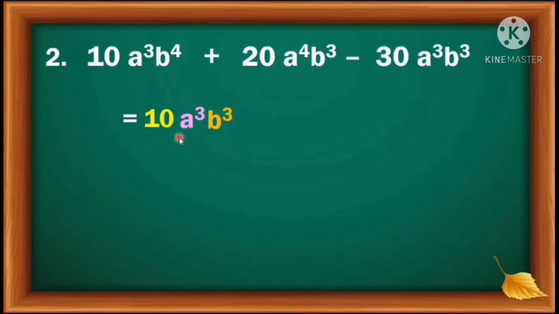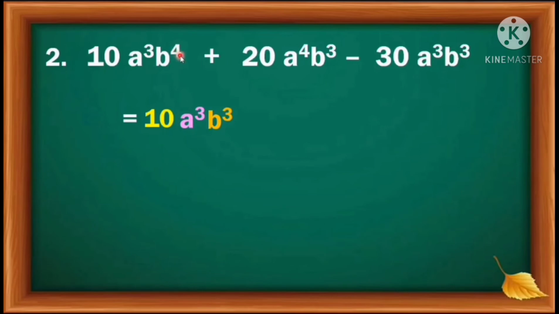Okay, let us start. 10 divided by 10 is 1. So meaning, hindi na natin isusulat yon. A cubed divided by A cubed is also 1. Hindi na natin siya kailangang isulat.